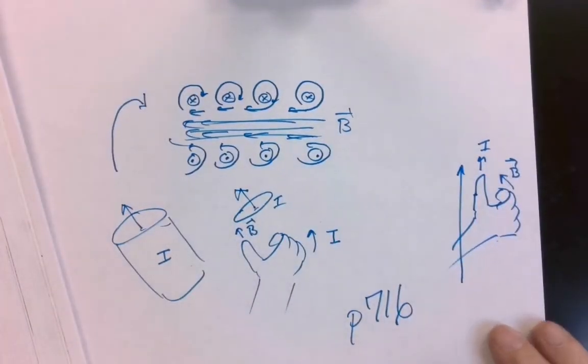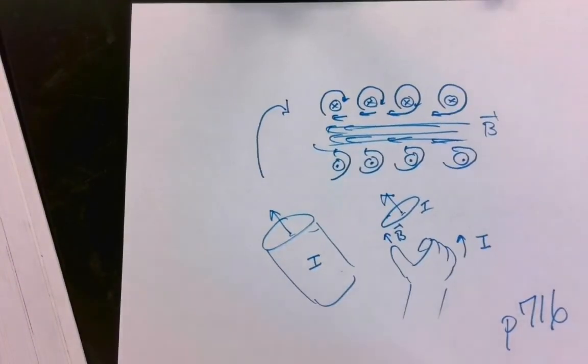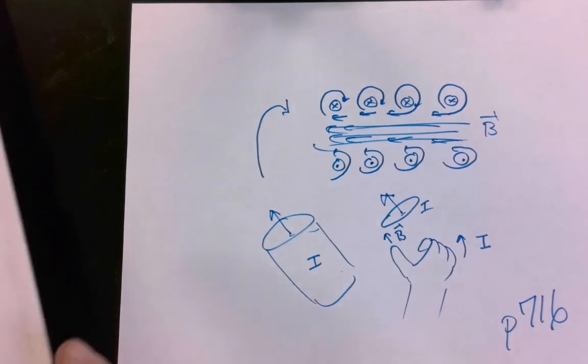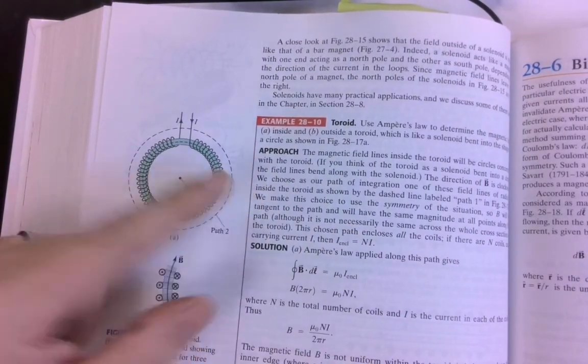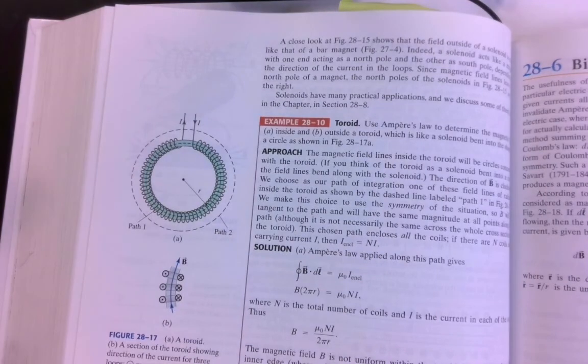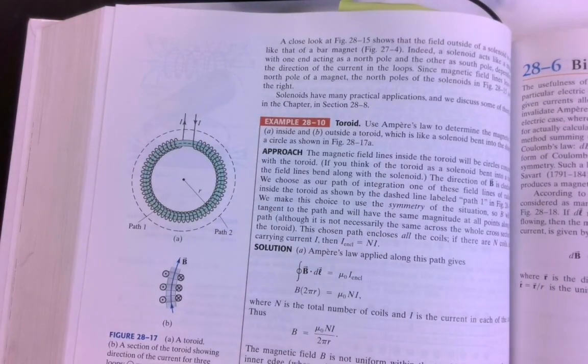Here's a question. What other problems can you do with Ampere's circuital law other than a long wire and a solenoid? The answer is not a whole lot. Example 28-10 does a torus. A torus is just a solenoid that's wrapped around in a circle. There's not a whole lot more to say about it.